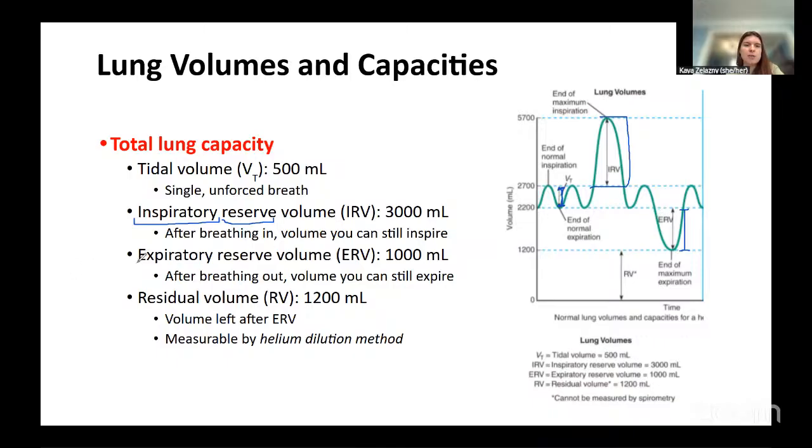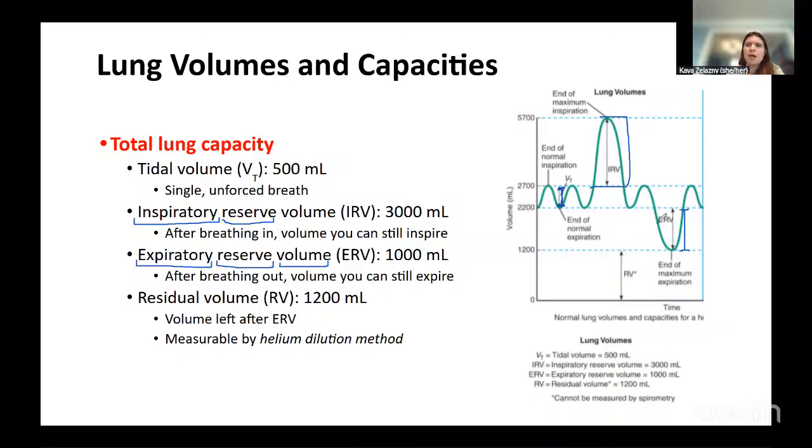So expiratory for out, reserve for extra, and volume because it's an amount of air, right? So expiratory reserve volume, or ERV, is that extra that you could breathe out. So this is usually less than the IRV, only 1,000 milliliters, but still substantial when you compare it to the tidal volume, that easy breathing, that single unforced breath.